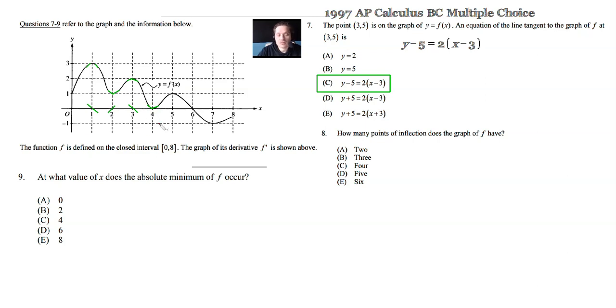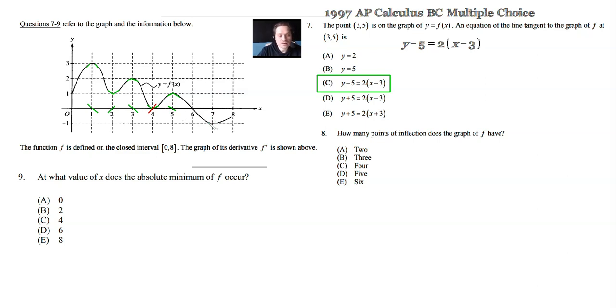The second derivative, again not shown here, just like f is not shown here, would switch at that point, because the segment has a negative slope, so the second derivative is negative. This little segment has a positive slope, so the second derivative is positive, which means the original function has an inflection point. At 5, on the graph of f prime, it's going up and then going down, so the second derivative is positive and then negative on the other side of 5, which means the original function f, not shown here, has an inflection point.